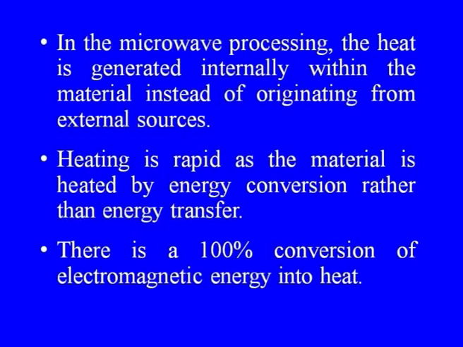In the microwave processing, the heat is generated internally within the material instead of originating from external sources. So, this is a very basic difference between the conventional heating and microwave processing.